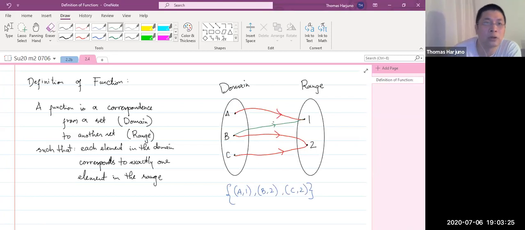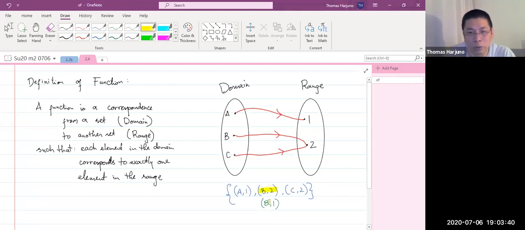In coordinates, if B goes to 2 and B also goes to 1, this guy is a cheater.